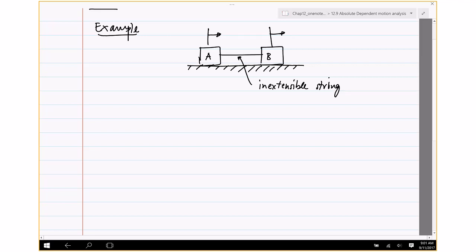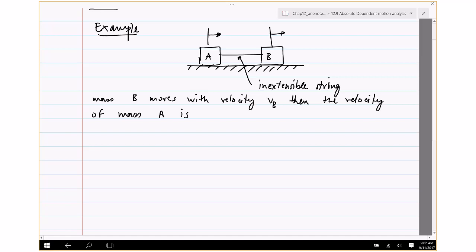And if I tell you that mass B moves with velocity VB, then the velocity of mass A is what?